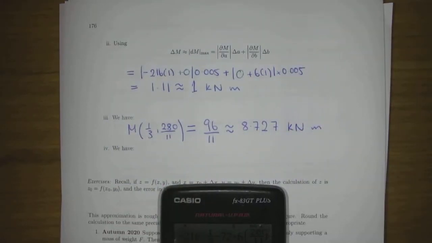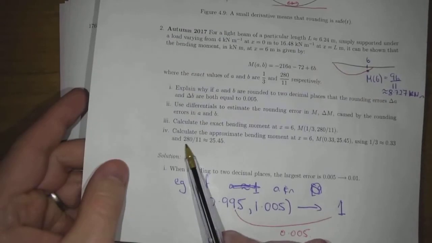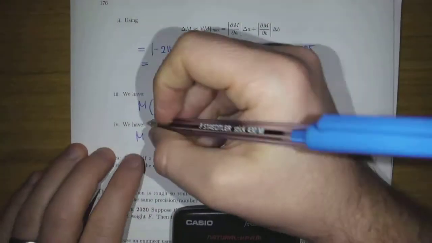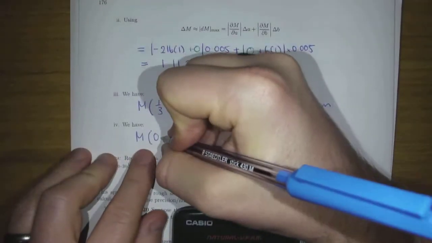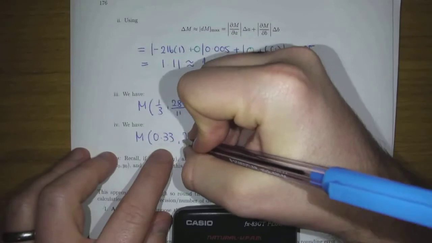And the other question is calculate the approximate bending moment using, instead of 1/3, 0.33, and instead of this, use 25.45. So this would be the bending moment using the rounded values, 0.33 and 25.45.